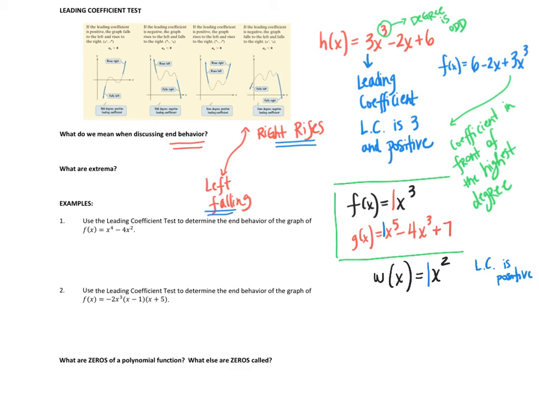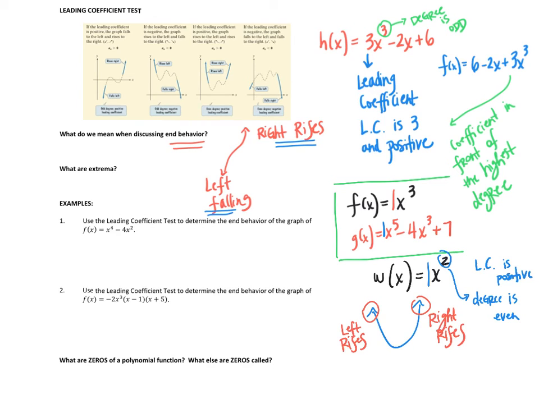And the degree is even. Well, think about what that graph looks like. You know what a x squared graph looks like. Notice the end behavior, okay? The end behavior on the left, it's rising, and on the right, it rises.